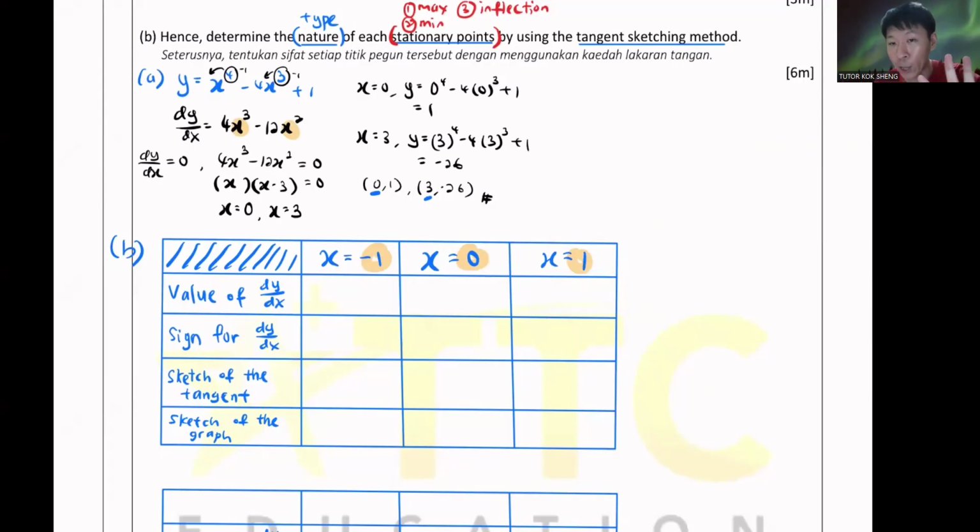Straight away can key into your calculator, no need to write the working. So sub in -1: 4 times -1 cubed minus 12 times -1 squared, you get -16. Second one, sub 0, you get 0. Last one, you sub in 1, you will get -8.